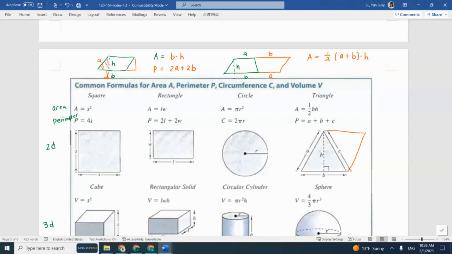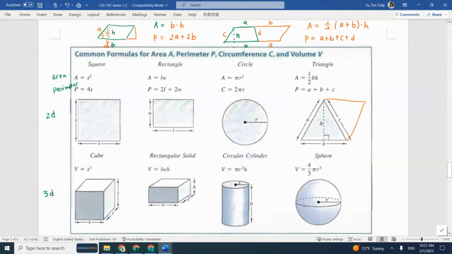And how about a perimeter? Oh, let's say this side is C and D. It has 4 sides, so just A plus B plus C plus D. Okay, so those are all the two-dimensional geometry figures. Any questions so far? All good? You know how to derive it? Okay.